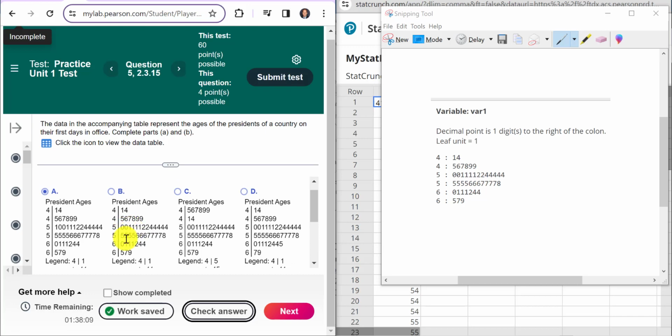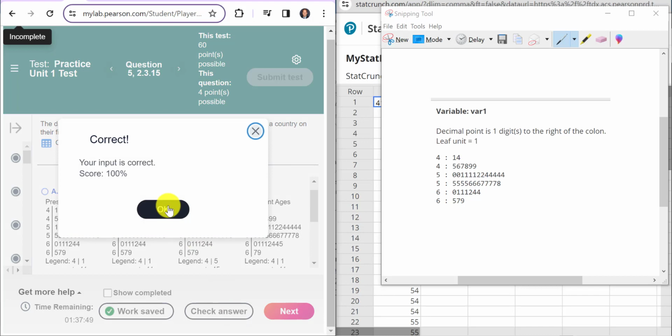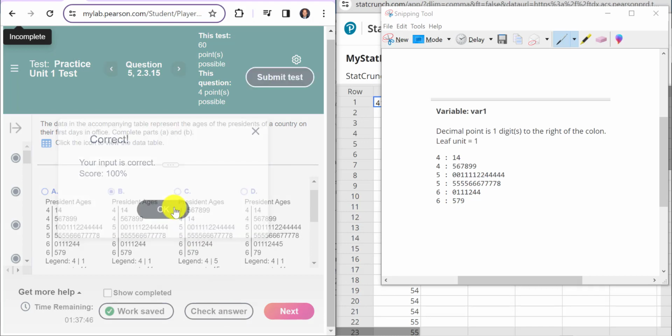I'm trying to see the difference between these two right here, because they're looking pretty similar. Boy, those look identical. I'm not sure why.